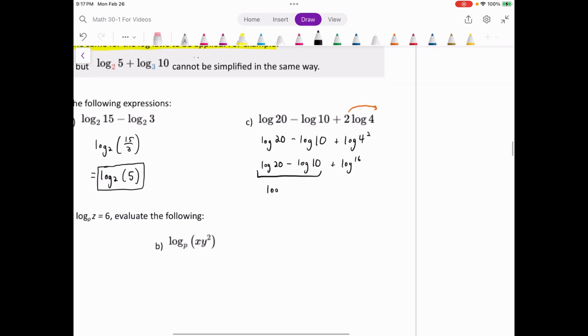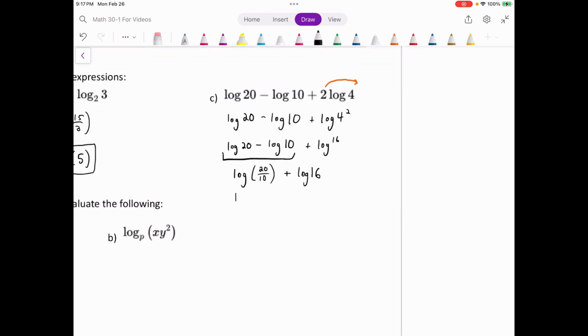So this is the same as log of 20 over 10. And then I've still got this plus log 16. Okay. And then log of 20 over 10 is just log 2 plus log 16.